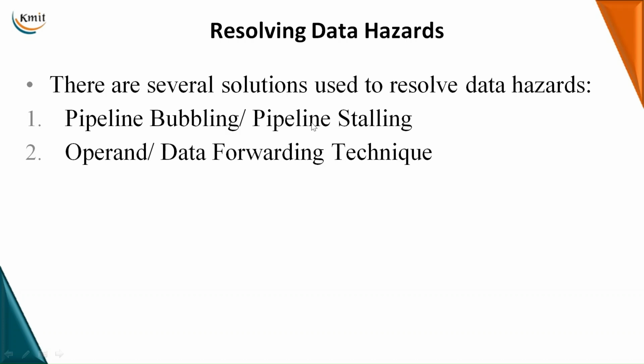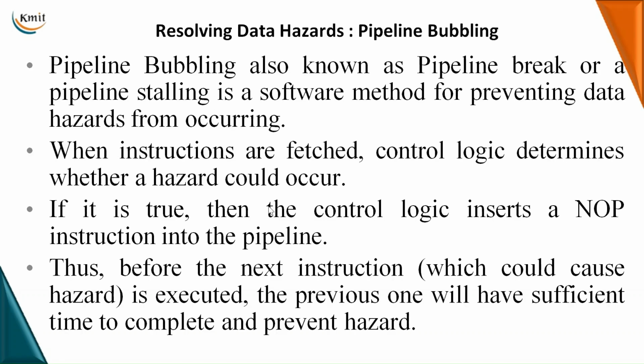These two are among the most important solutions to resolve data hazard situations in a pipeline. The first technique, pipeline bubbling or pipeline stalling, is a software approach to resolve the data hazard, whereas operand forwarding or data forwarding is a hardware method. Now let us see them with an example.